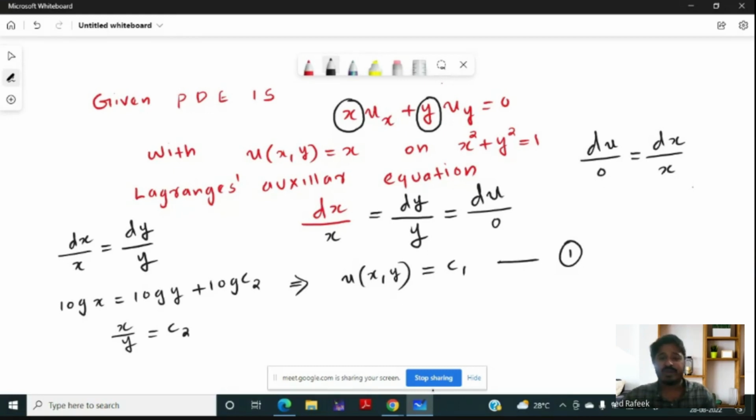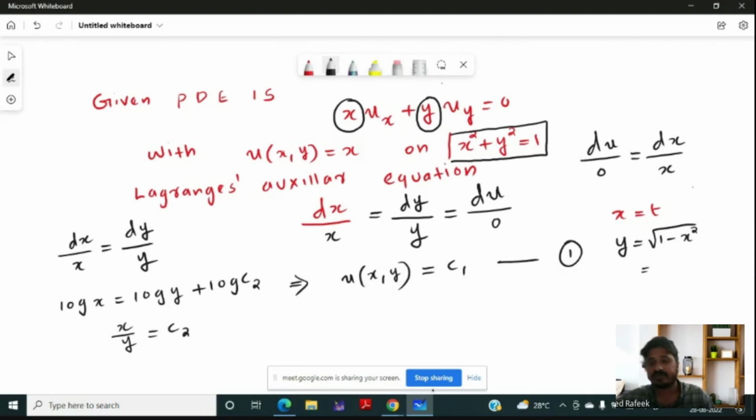Now you can take the parametric form. Let us consider x is equal to t. You have the equation x square plus y square is equal to 1. From that, y is equal to root of 1 minus x square. Already your x is t, so y is root of 1 minus t square.